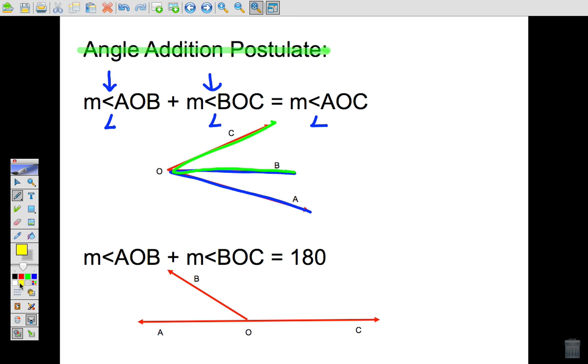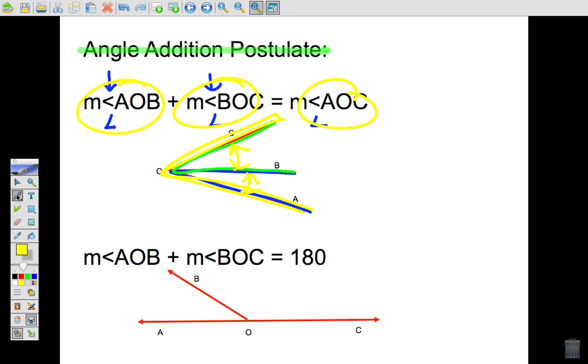What the segment addition postulate adds up to? One part plus the other part added up to the whole thing. Well, this part plus this part add up to the whole thing, AOC, the whole angle.